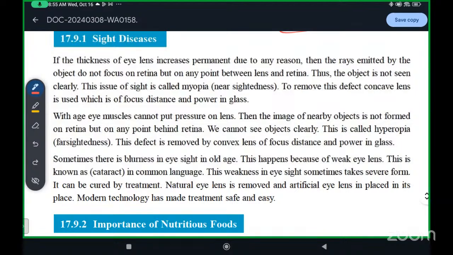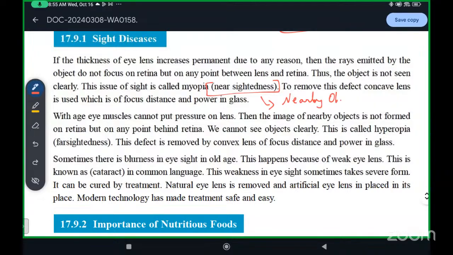Yes. So nearsightedness: in this, you are able to see nearby objects clearly, but far objects you are unable to see.